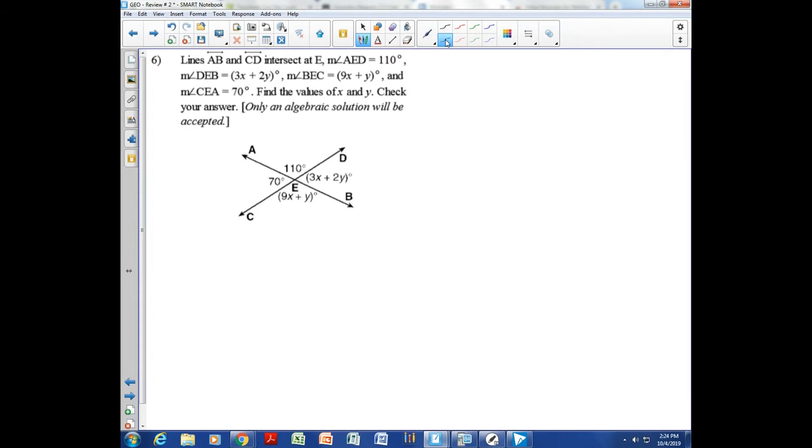So if vertical angles are congruent, that would mean that my 3x plus 2y angle would be equal to 70 degrees. Vertical angles are congruent. And it would also mean that my 9x plus y would be equal to 110 degrees.